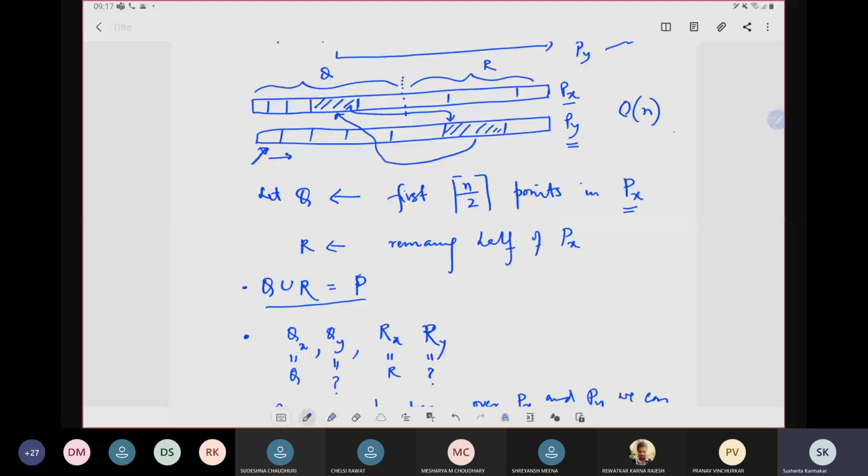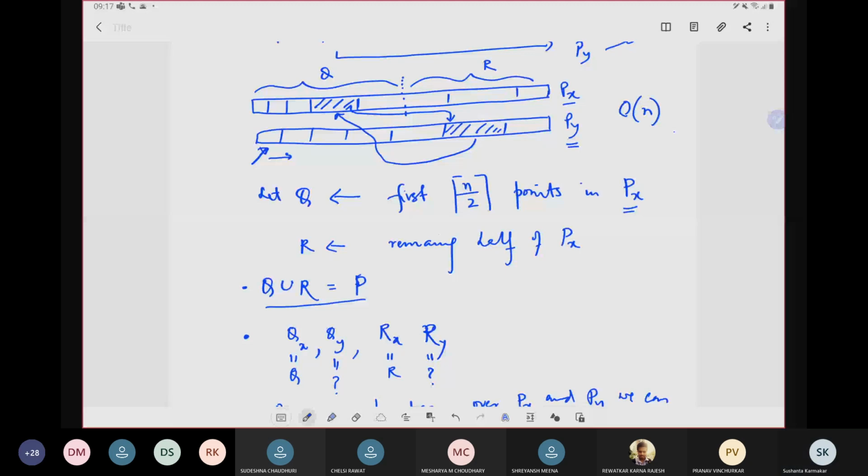So I will just scan left to right in Py, and if it points to any element up to the first half of Px, then I will pick that element and put it in Qy.